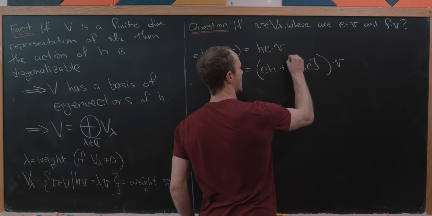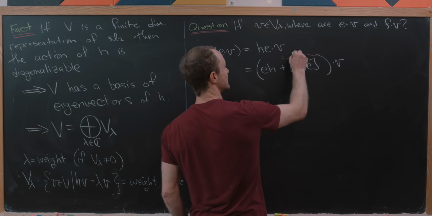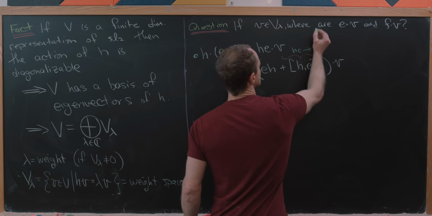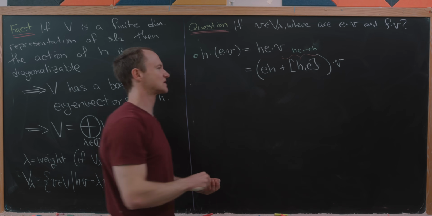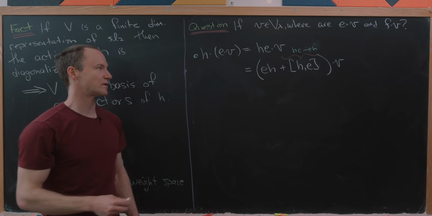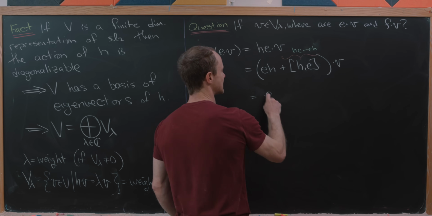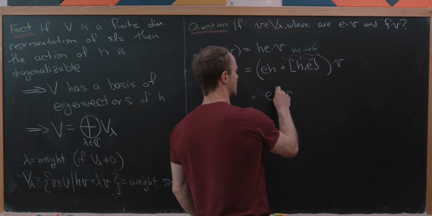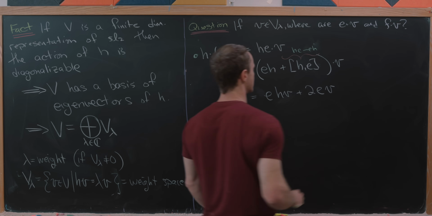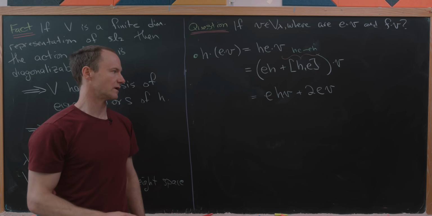Well, let's recall that the bracket of H with E is HE minus EH. So if we put these two things together, it cancels back to what we wanted. But we know what the bracket of H with E is. What was it? It was 2E. So that's going to give us EH acting on v, plus 2E acting on v. I distributed the v through, if you will.